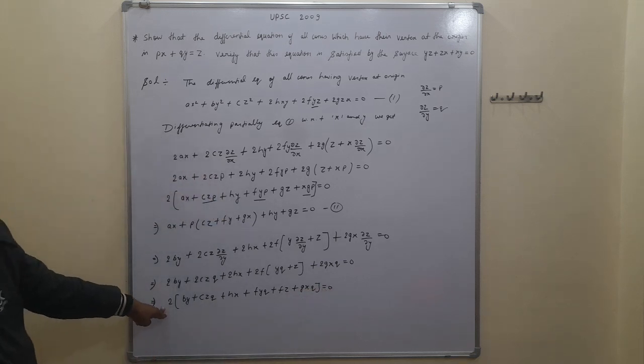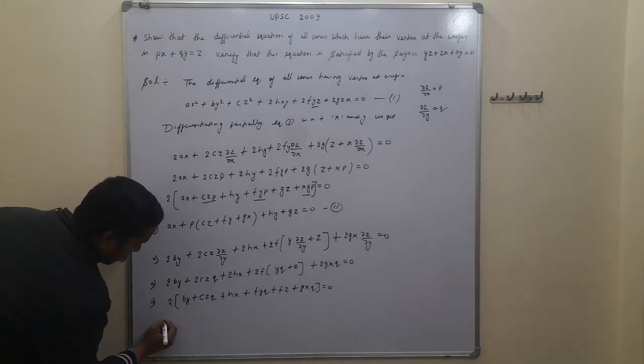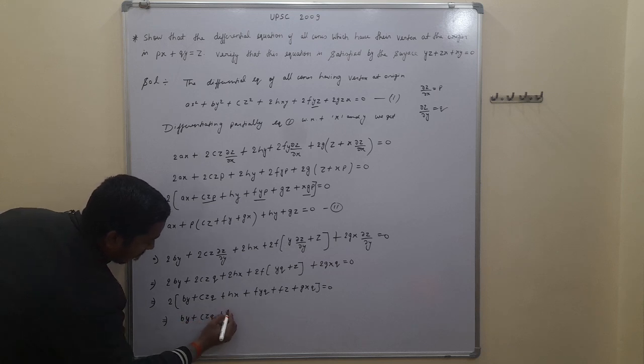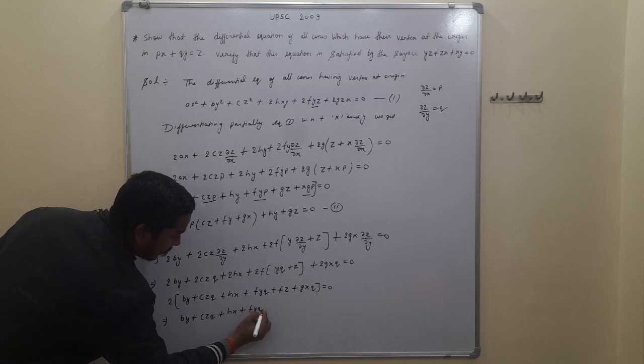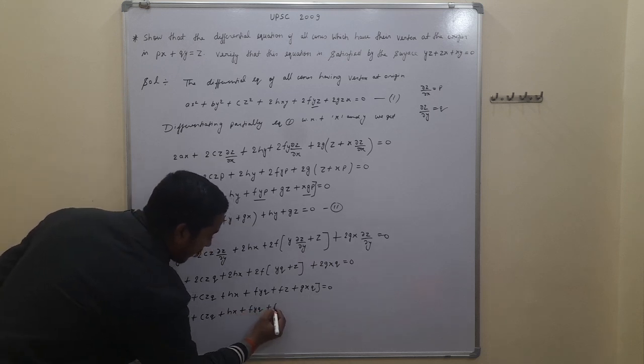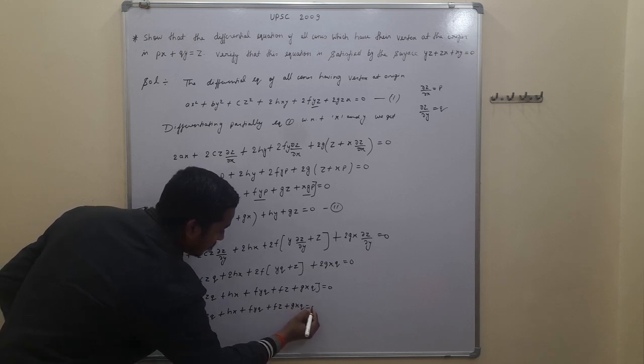Since 2 is not equal to 0, the remaining is by plus czq plus hx plus fyq and plus fz plus gxq is equal to 0.